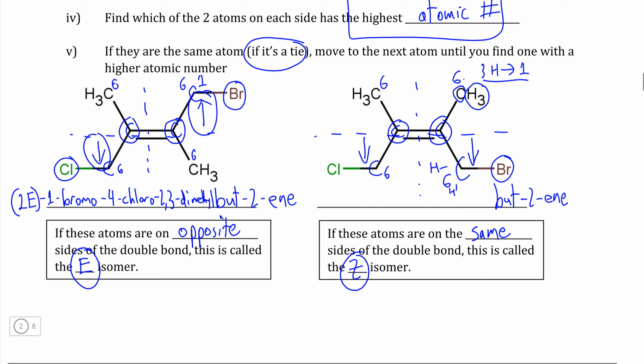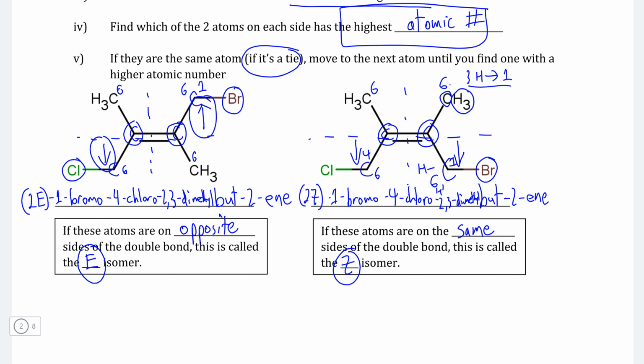And since here they are on the same side because carbon 1 is here and carbon 4 is here, this molecule's name would be identical, except we would put 2Z, indicating these are on the same side of the double bond. So this would be called 2Z, 1-bromo, 4-chloro, and I'm going to have to make a little bit of space here, 2,3-dimethyl, squeeze that in there, but-2-ene.